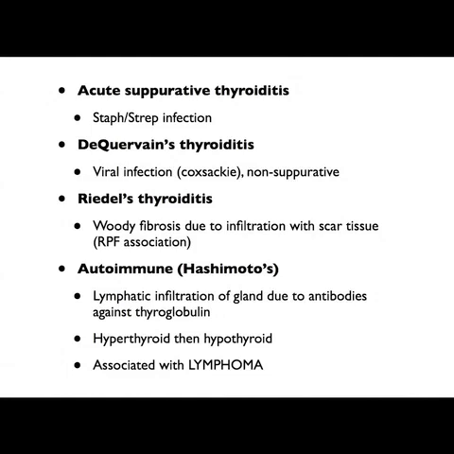This is lymphocytic infiltration of the thyroid gland with antibodies against thyroglobulin. This means that the patient is firstly hyperthyroid, and then becomes hypothyroid afterwards. This is commonly associated with lymphoma. Not the good one for EMQs.